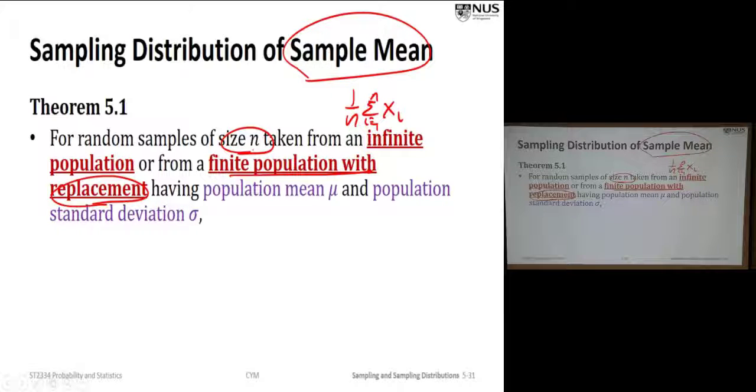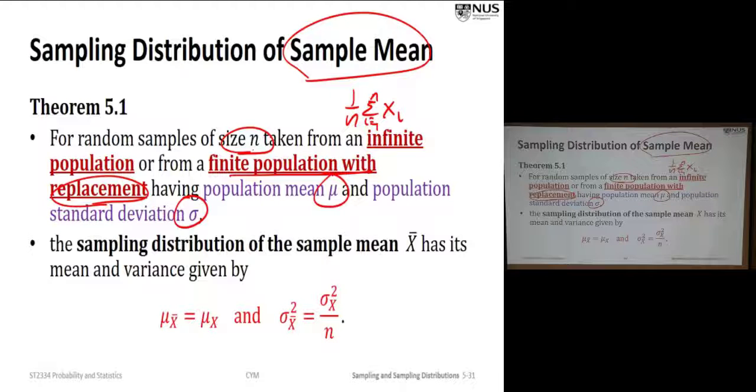Just remember, from the drawing random sample point of view, you have a finite population, but once you take it, you put it back. That means the next sample value that you select has the same distribution as the first one, because you replace it, so it's the same behavior. And this population has mean mu and standard deviation sigma.